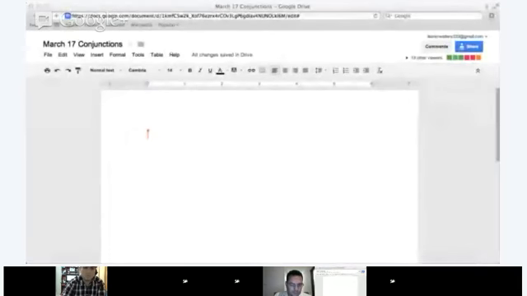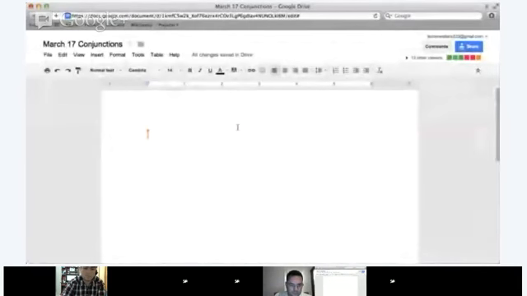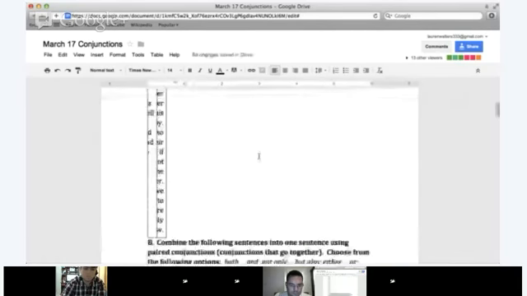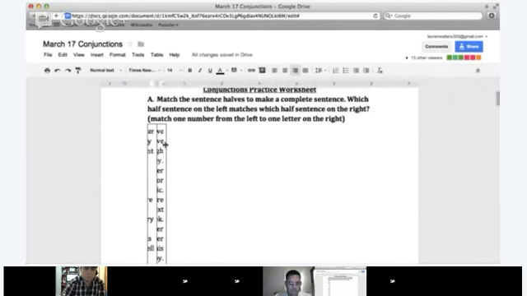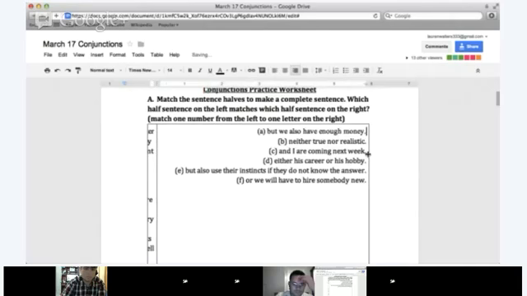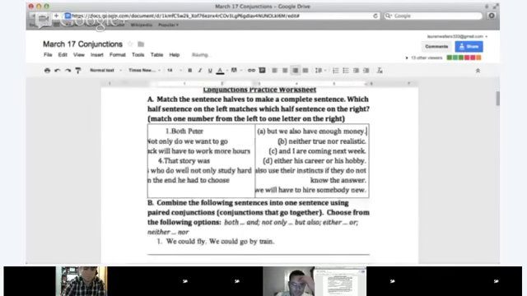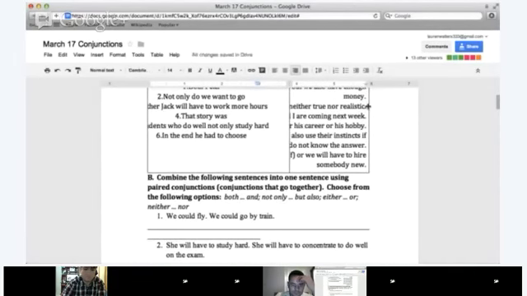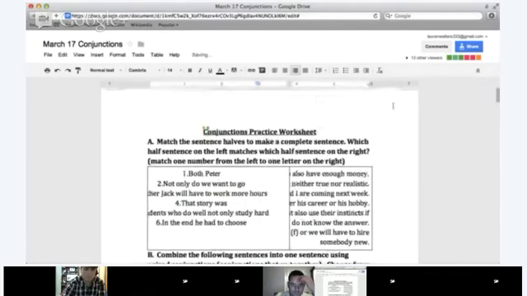Okay, so there we are again. Ooh, this chart doesn't look very good anymore, but hopefully we can still do the other exercises.